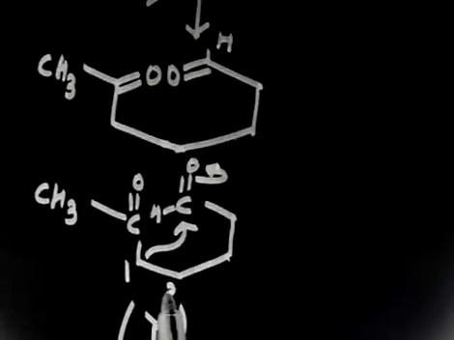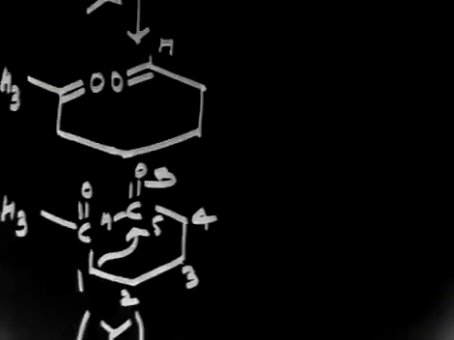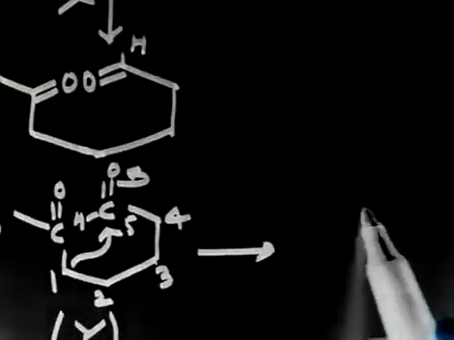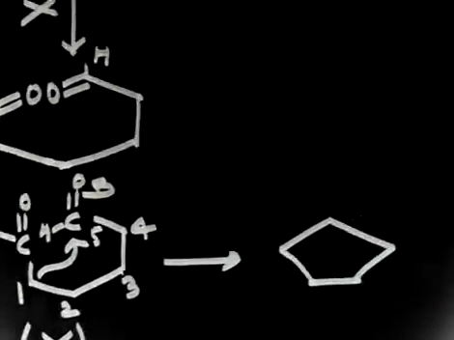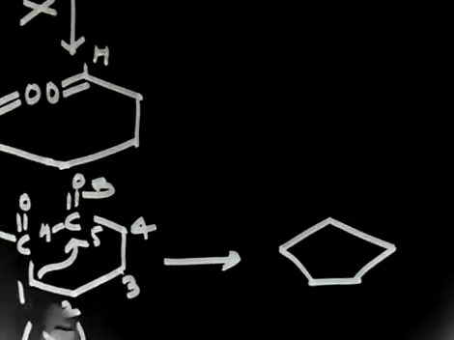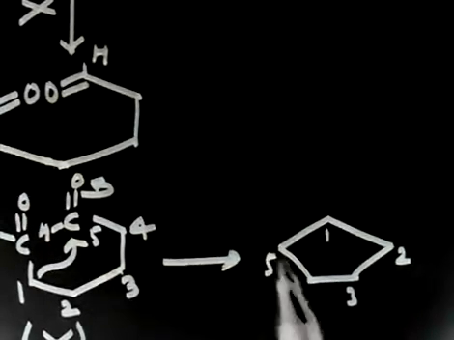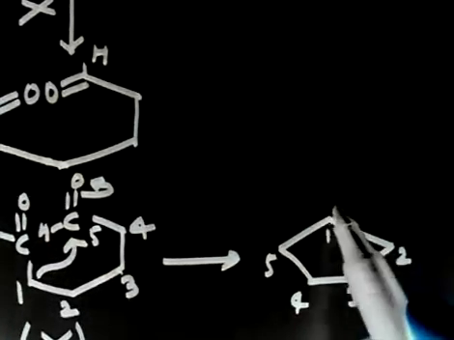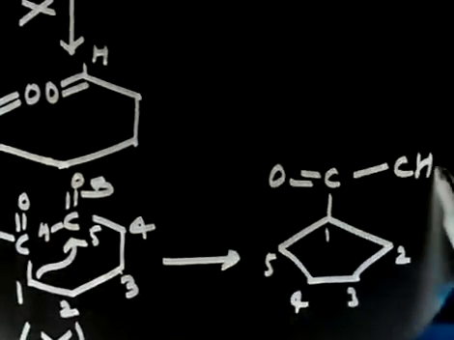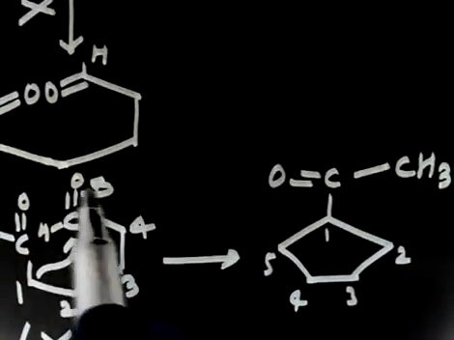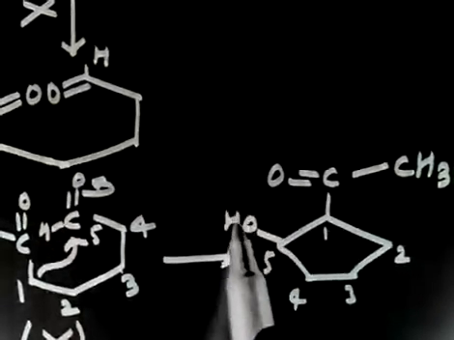So you will have 1, 2, 3, 4 and 5, so you have a 5-membered ring. Let us call the carbons 1, 2, 3, 4, 5. Carbon number 1 will contain a COCH3 group. So you will have a CO group and a CH3 group. And carbon number 5 will have O minus, and that will take H plus, so you will have OH.